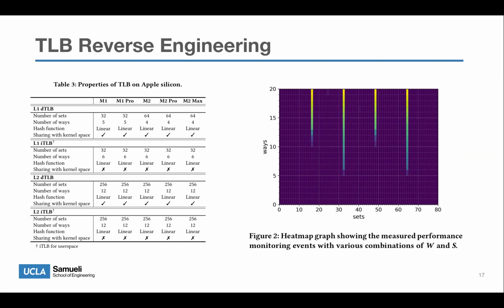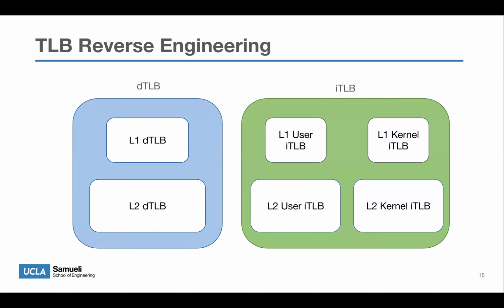And this table lists all of the different layers. If you can go to the next, yeah. So there's an L1 and L2, and it's split into data and instruction. And what they figured out is that only the instruction TLB is split.